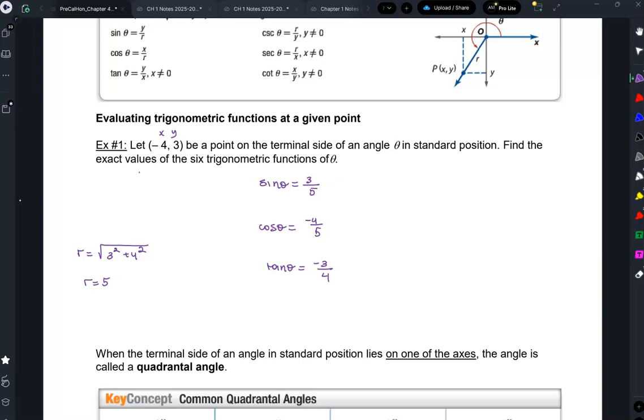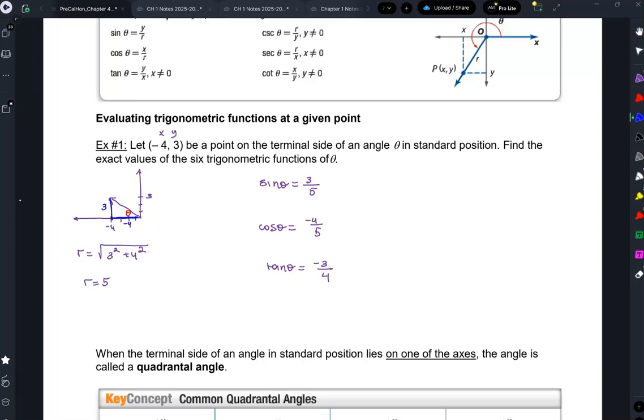Now, just for this one, if I did draw the point, right here, your angle again is always right here between the x-axis and the terminal side. So now you can see again that the y value is 3 and the x value is -4.